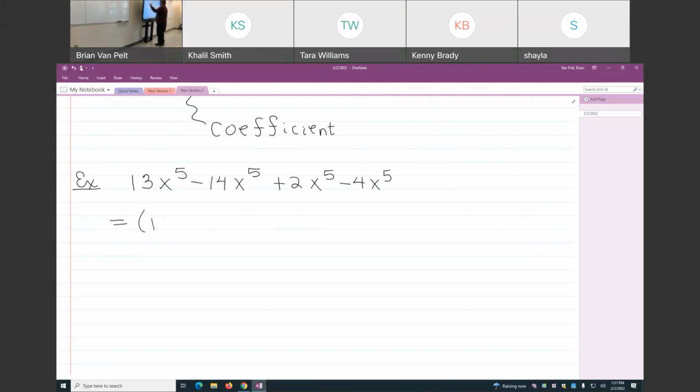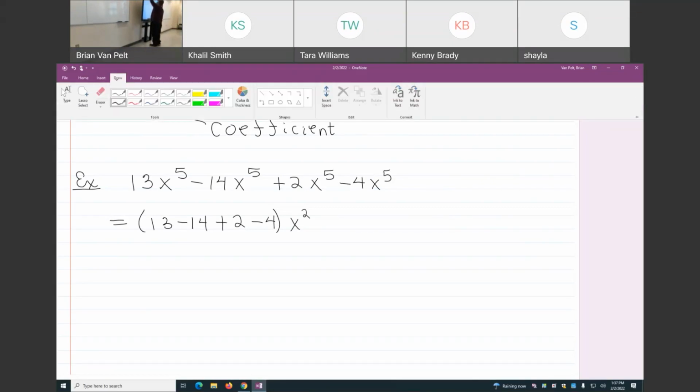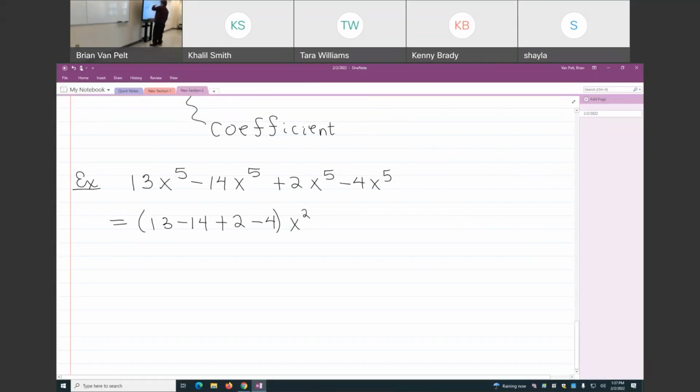So if I just look at the numbers, 13 minus 14 plus 2 minus 4, all of those things were attached to x to the 5th. And then all you got to do is add up those numbers. Once you do add up the numbers, you can drop the parentheses.